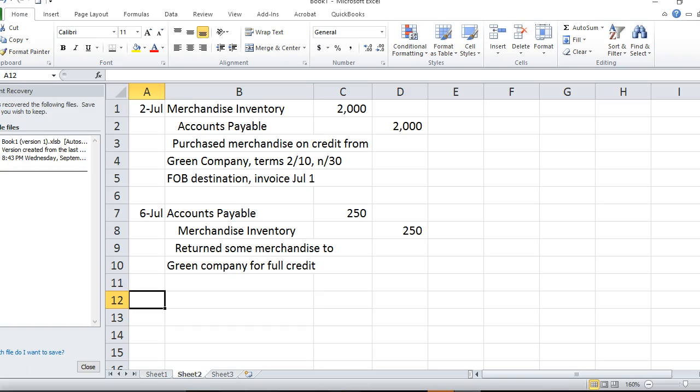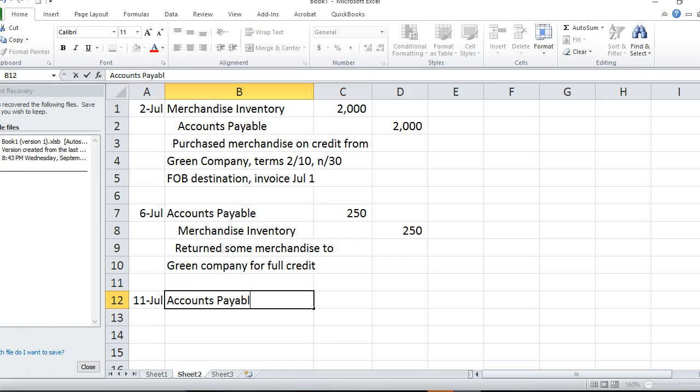So on July 11th, we can debit our accounts payable for the full amount. We owed them $2,000, but we returned $250, so our accounts payable should be zeroing it out for $1,750.